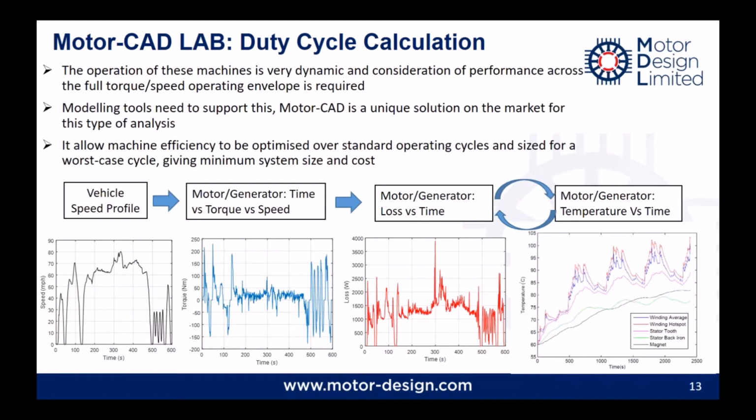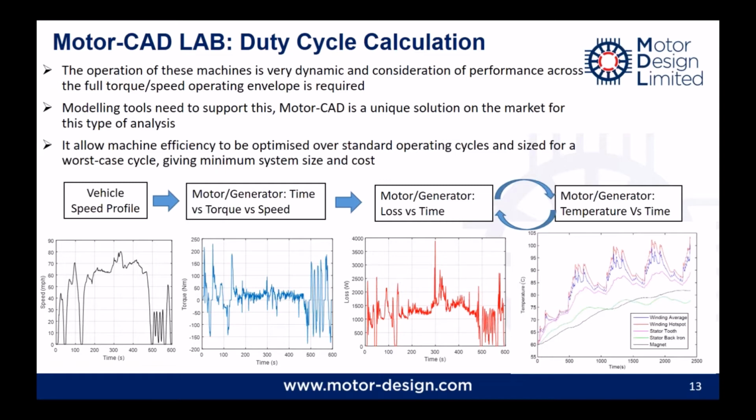This is an example of how we could take a vehicle speed profile, for example, for an electric vehicle. You use that with a vehicle model to calculate a time, torque and speed requirement. Using Lab, we can then calculate the performance of the motor that's required to produce this time, torque, speed behavior, and it will output a loss versus time value.